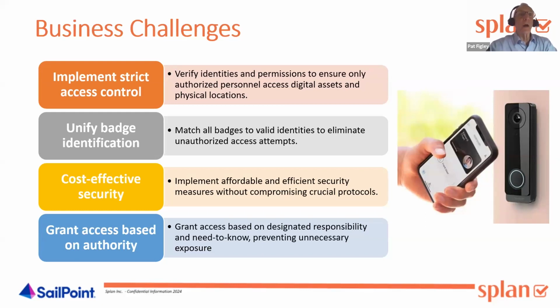The security director should have access to a server room, but the accounting clerk again should not. So you want to make sure that people have both the logical and physical access they should have for their role in the organization, and not extra access and not missing access.